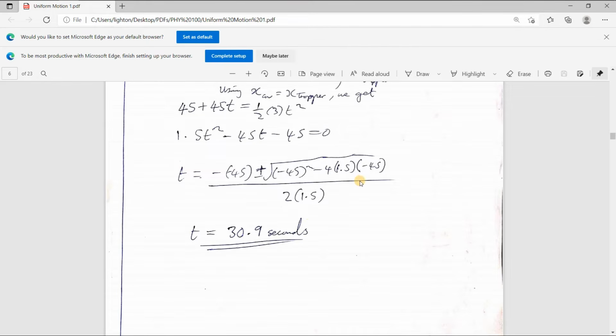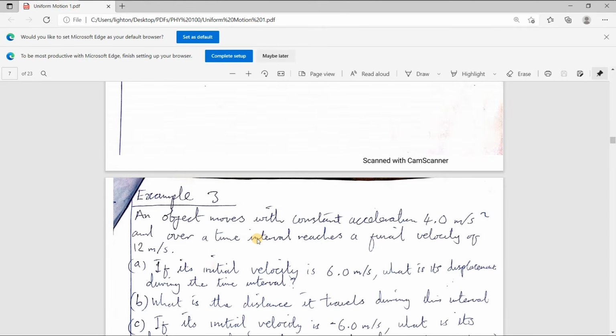The formula which says negative b plus or minus square root of b squared minus 4ac over 2a. The same equation which you are using in grade 12. This is what we're using to solve for this quadratic equation. So using the quadratic formula here, we'll find time equals 30.9 seconds. So it takes 30.9 seconds for the trooper to catch this speeding car. Okay, it takes this much time.